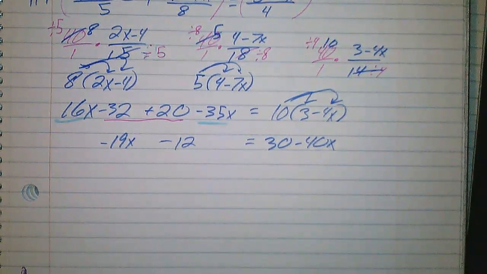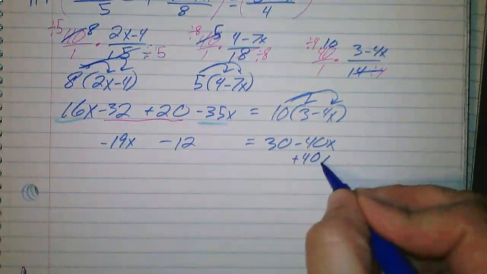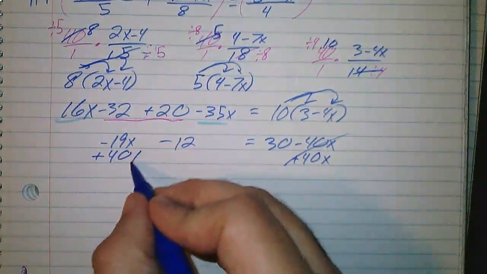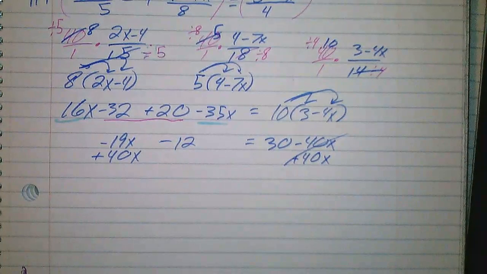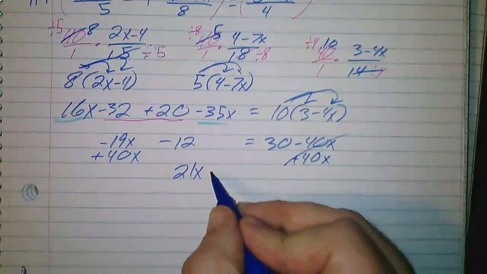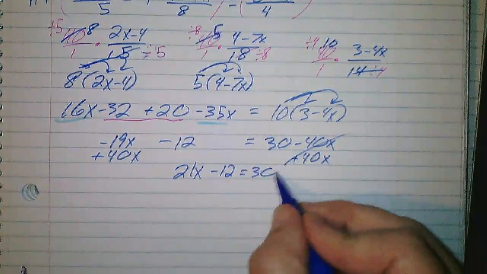And now we're just solving for x. I like to get the x on the left side. So add 40x to both sides. And we get a positive 21x. And I'll just bring in the minus 12 equals 30.